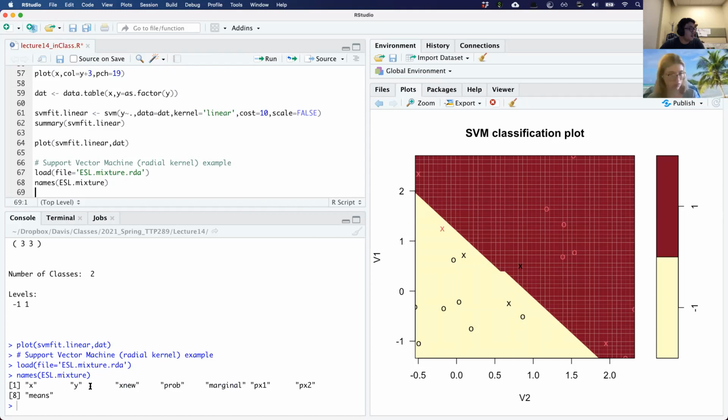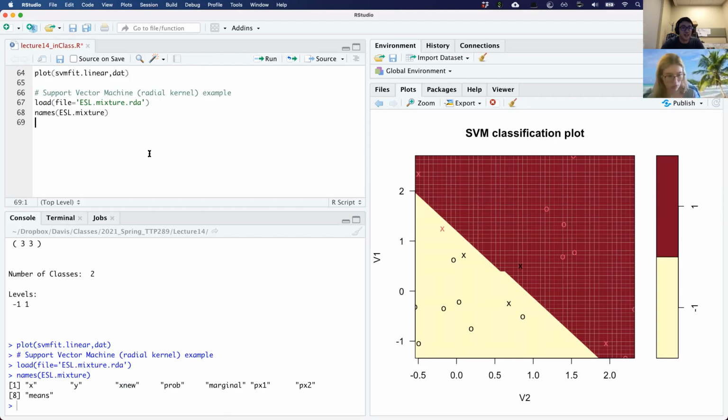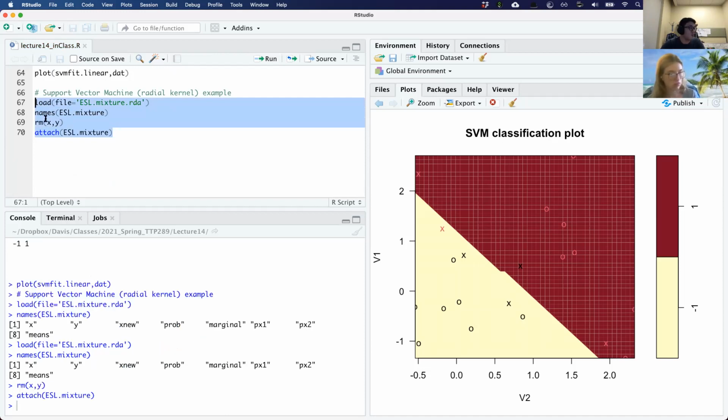You've got some set of X and Y points. Let's see what that looks like. So I'm actually going to remove our original X and Y and then attach these so that each of these will be their own object. I'm just going to overwrite, remove the ones that exist already. We're going to create our data table again.